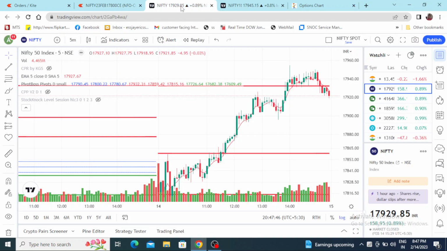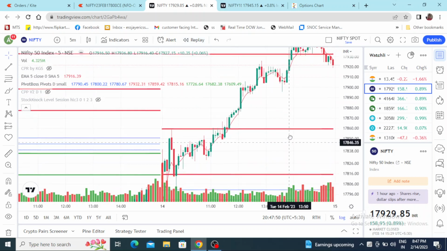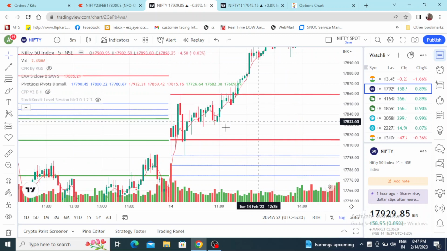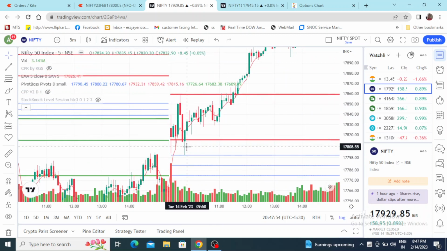Now, what was the logic behind this trade? The main logic was that I was seeing the strength of the buyer and the strength of the seller. The seller was trying to put the market below 17,800, but the buyers were not ready to let the market go below that, and it was trying to push the market up, also making higher high and higher low.